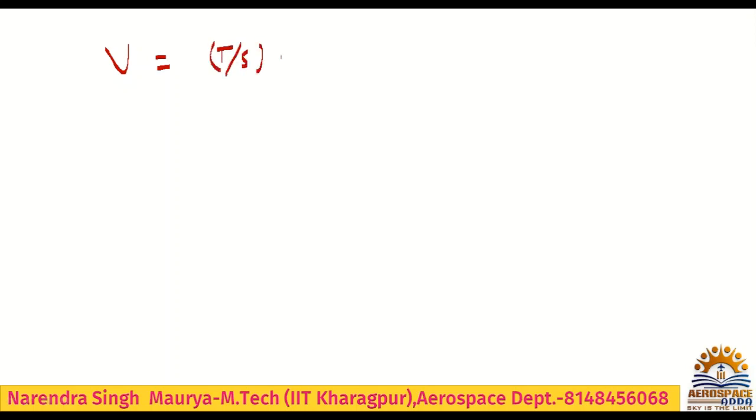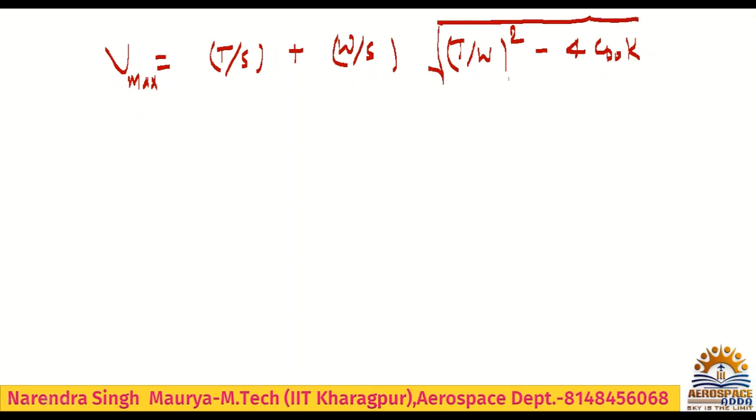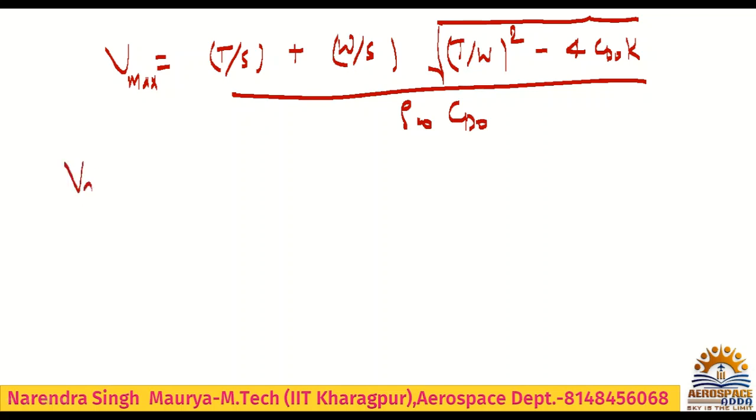Now I will calculate the maximum first, so you will write plus. W by S, thrust to weight ratio squared, 4 CD naught K, divided by rho infinity CD naught. So we will calculate the maximum first, so you will take plus here.